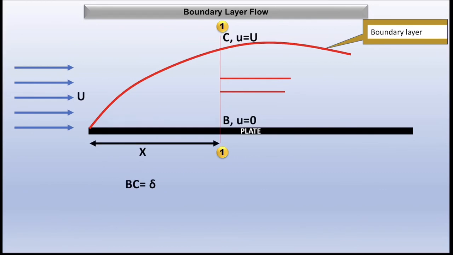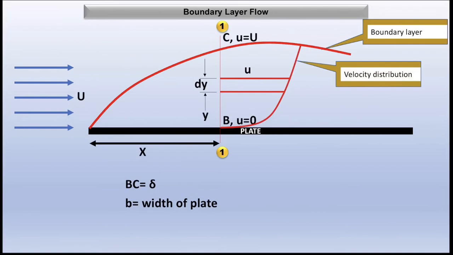There will be one elemental strip of thickness dy at a distance y from the solid plate, and through the elemental strip the velocity of the fluid is u. The solid plate has a width of b, and the area of this elemental strip will be equal to b into dy.